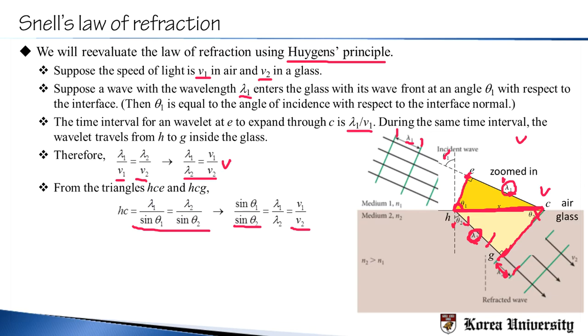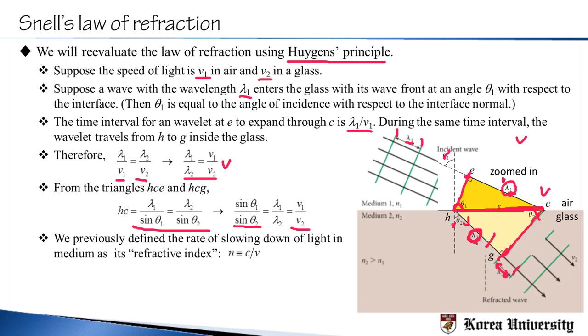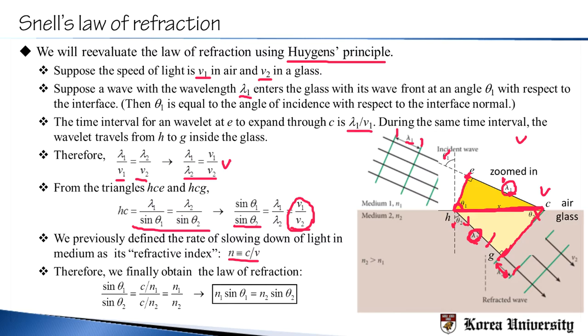Here, we will use the definition of the refractive index that we have learned before, which is the ratio between the speed of light in vacuum and the speed of light in this particular medium. We can rewrite this part using the refractive index. Now, v1 is equal to c divided by n1, and v2 is equal to c divided by n2.